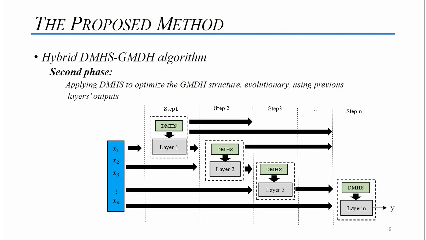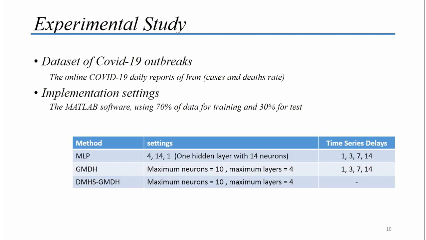Then, in order to produce the next layer, the DMHS algorithm tries to find an optimum structure by considering inputs and previous layers' outputs. The process terminates when a certain number of layers are made. Finally, according to the best output in the last layer, the structure of the model will be achieved. The following figure illustrates a schematic view of the second phase of the DMHS-GMDH algorithm.